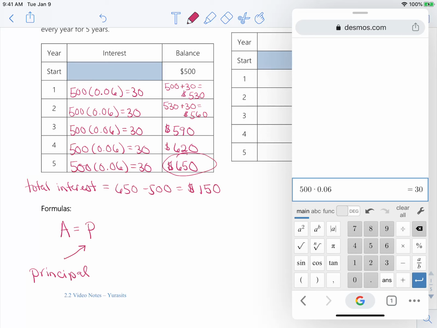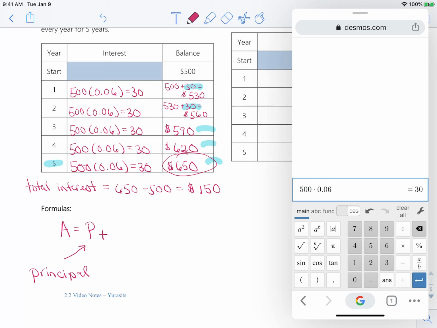Then what we did is we added the $30, right? But how many times did we add the $30? It looks like we added it once, 2, 3, 4, 5, and we were looking for 5 years.